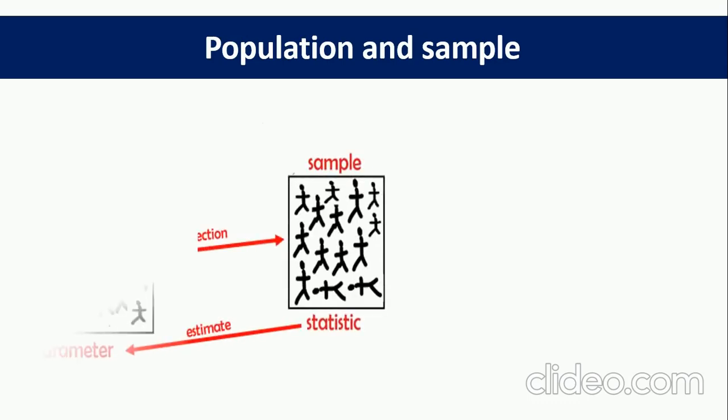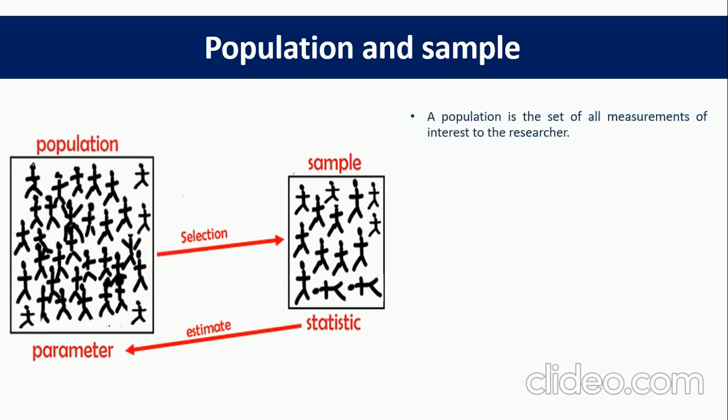The discussion of population and sample is a very important one in statistics. I'll start by defining these two terms. A population is a set of all measurements of interest to the researcher, whilst a sample is a subset of the population.